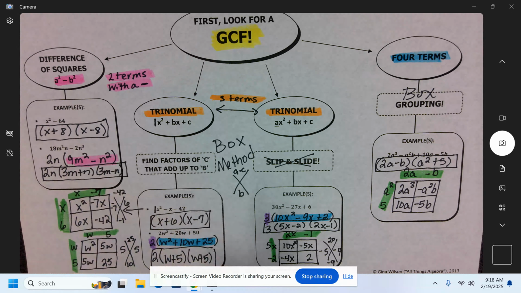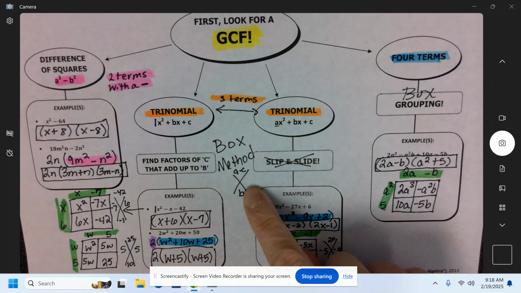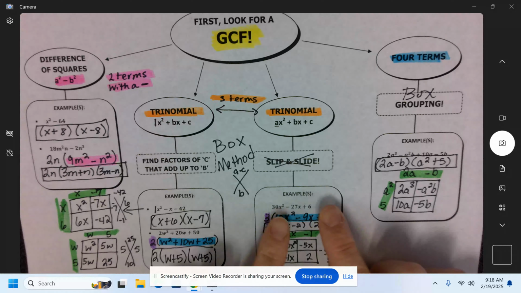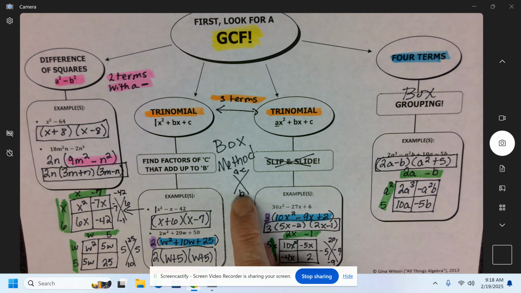If it's not a difference of squares and you couldn't take out a greatest common factor, it may not be factorable, okay? You may not be able to do anything with it. If it's 3 terms, we're going to use the box and the big X so that we have to multiply A times C to come up with the top number, and then the middle term B is what you need to combine to get that.